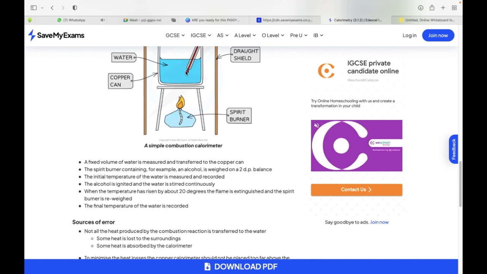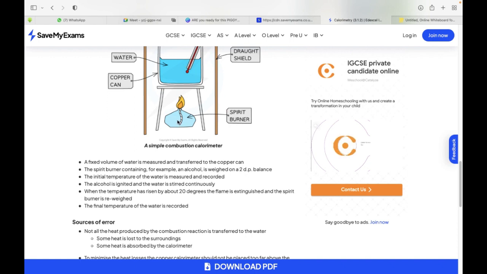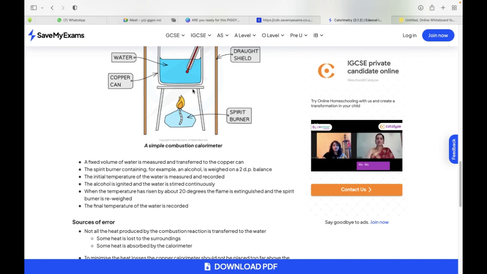We call it the initial temperature of the water. And then when you start burning, you stir the water. After a given period of time, you measure the final temperature of the water. And then you find the temperature rise by saying the final temperature minus the initial temperature. That gives you an estimate of how much heat energy came into this reaction.